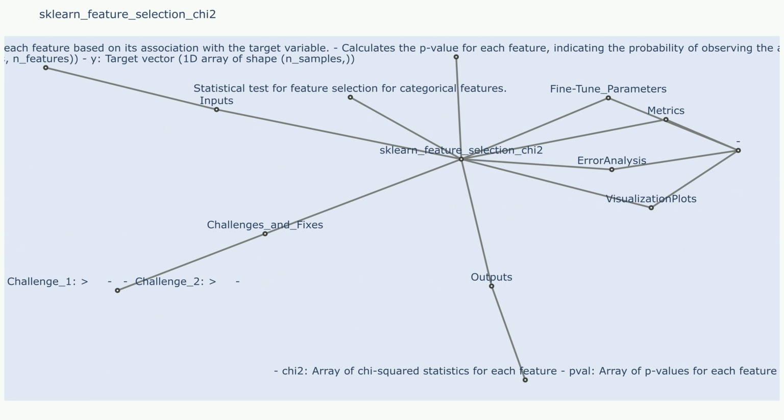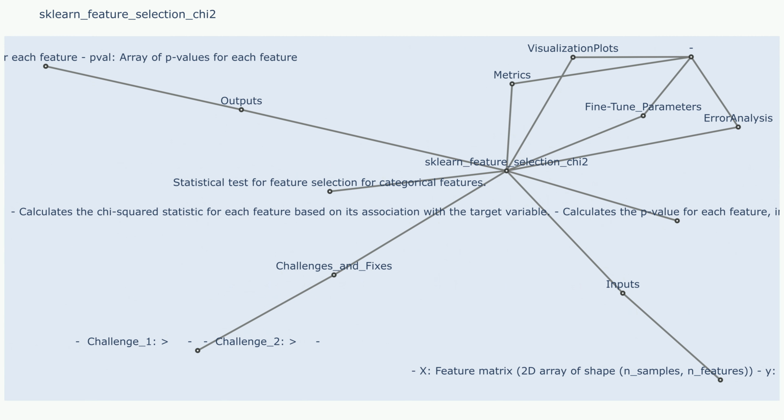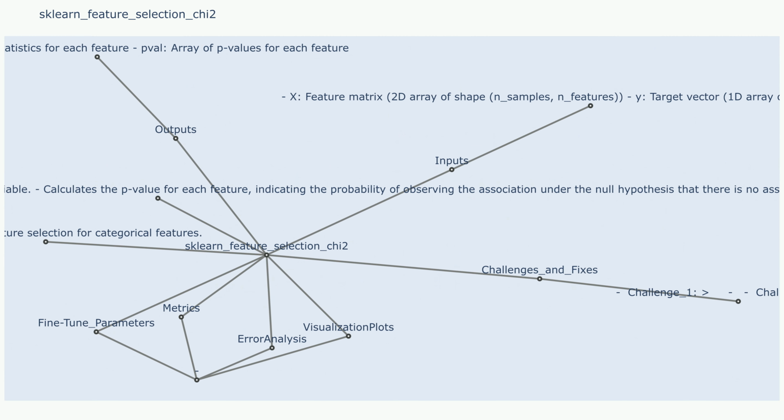Calculate the p-value associated with each chi-squared statistic. Chi-squared statistic, a measure of the difference between observed and expected frequencies. Higher values indicate stronger dependence. P-value, the probability of observing the observed frequencies if the feature and the target were independent. Smaller p-values suggest dependence.